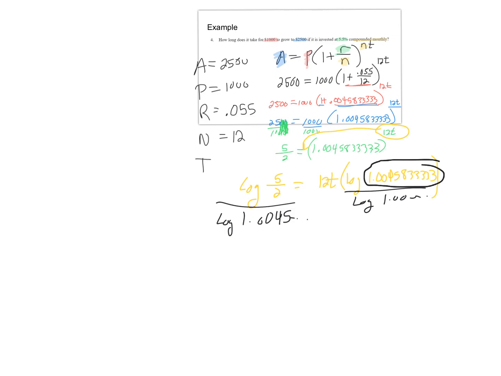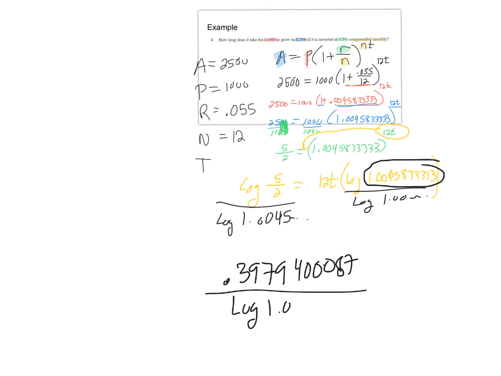So let's do log 5 divided by 2 equals, I get 0.39794000087 divided by the log of the 1.004 blah blah blah is equal to 12t.